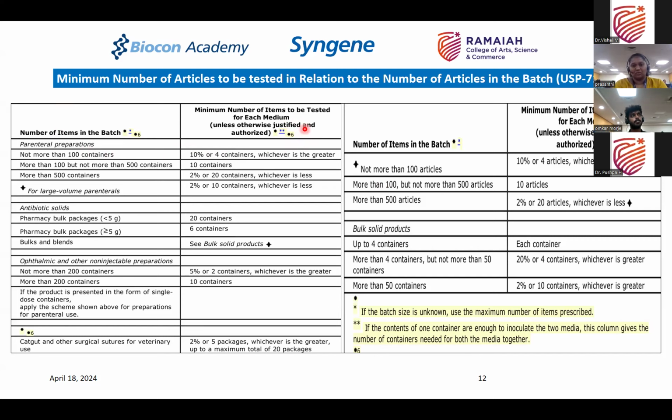The table represents parenteral preparations. What is the meaning of parenteral preparations? Anybody? It's a parenteral drug, ma'am, which cannot be taken orally. It could be in the form of solutions or emulsions, that is injections, infusions, powder injections, or gels.